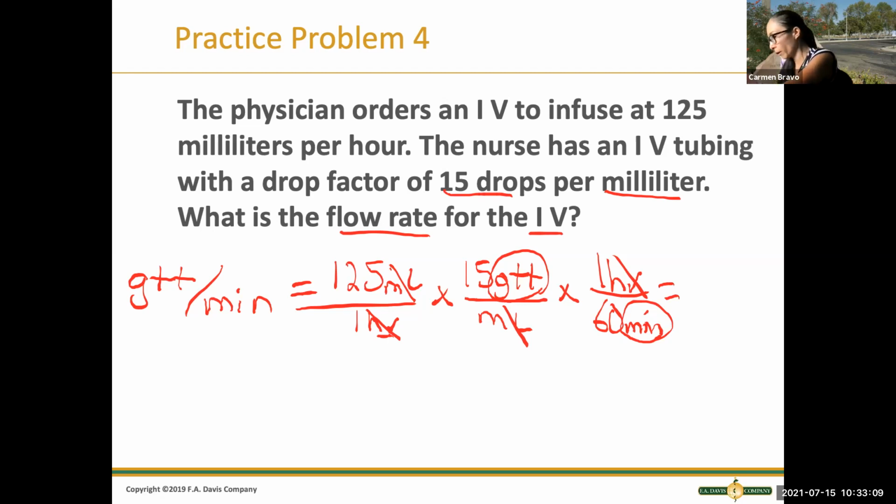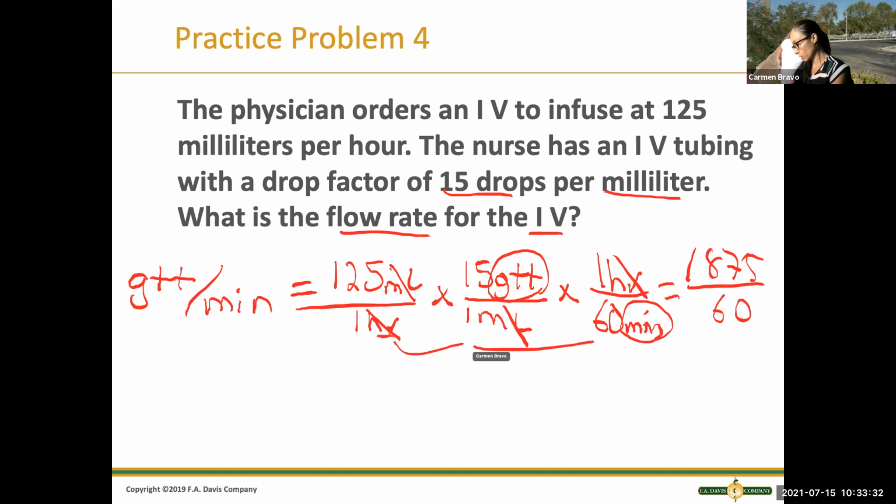So if I multiply 125 over 15, I got 1,875 over 60, because this is 1 times 1 times 60, so it's 60.